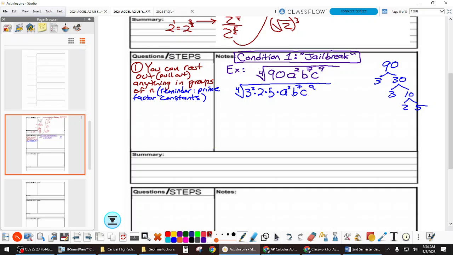Alright, how many groups of what can we pull out? One group of b and two of c.